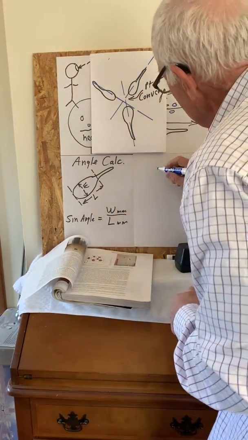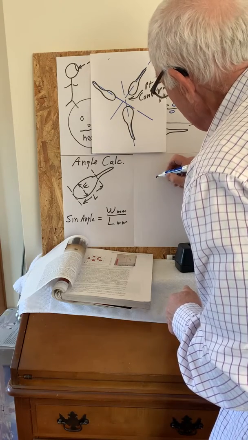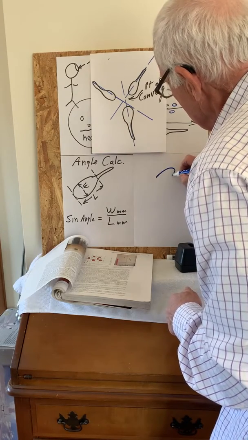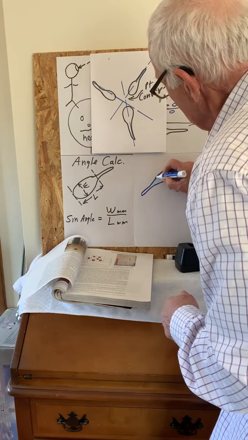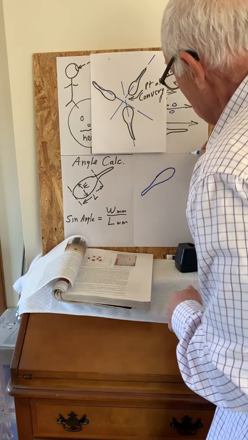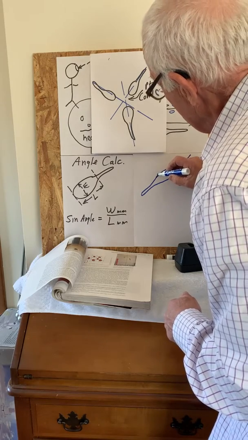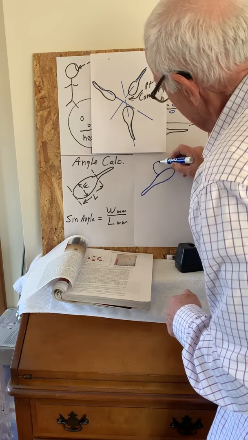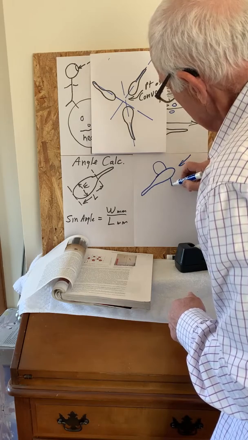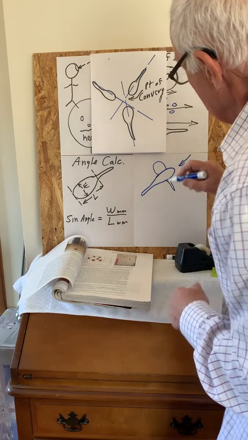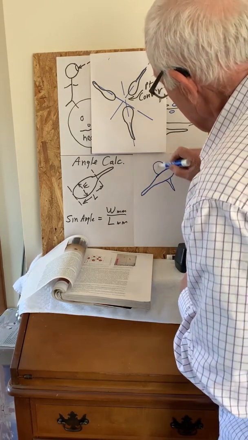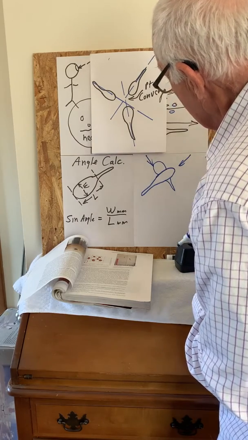So what if I do this? I have this guy come around like that. That's one projection. And now, of course, you know that this guy went like that. But then I have this guy like that. And this is telling me that this blood went like that.